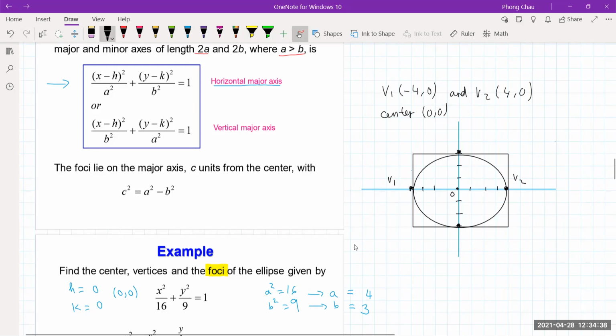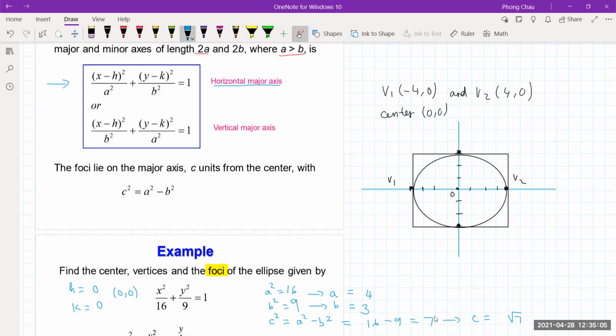C squared is A squared minus B squared. And A squared is 16 minus B squared is 9. You got 7. That means your C is root 7.